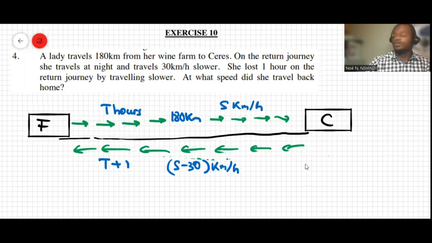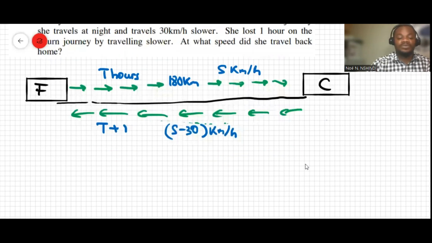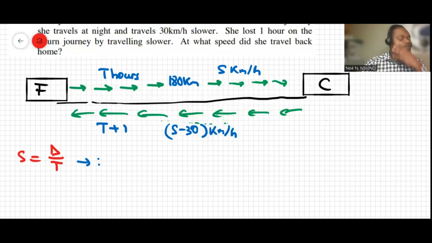Now, we know that speed is total distance over elapsed time, or distance over time. So the speed on my way was s equal to 180 over t, okay?